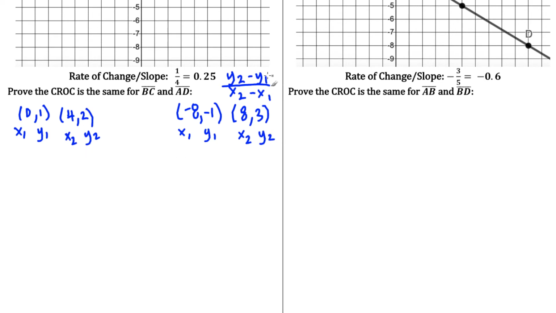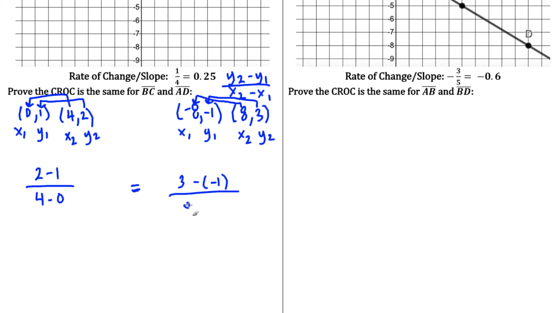So y2 minus y1, 2 minus 1 over x2 minus x1, 4 minus 0. And that should be equivalent to 3 minus -1 over 8 minus -8.